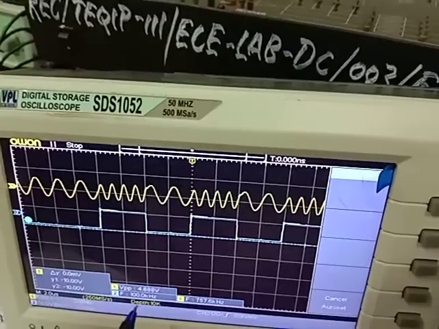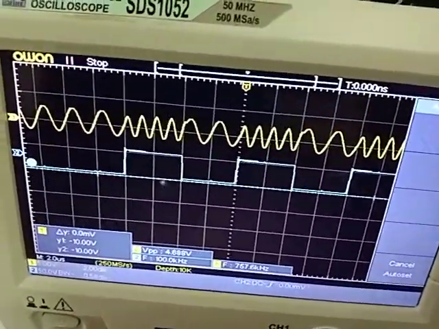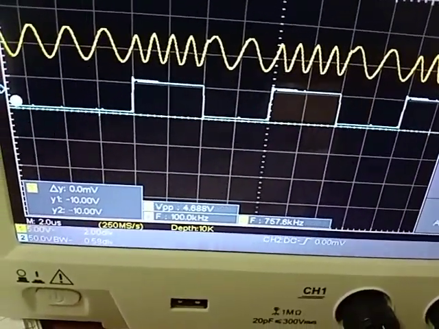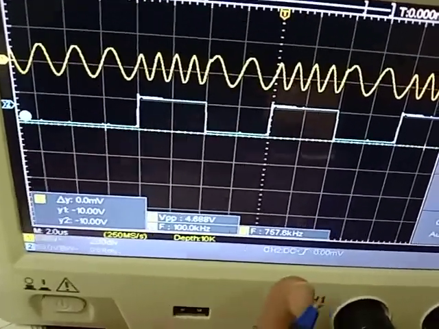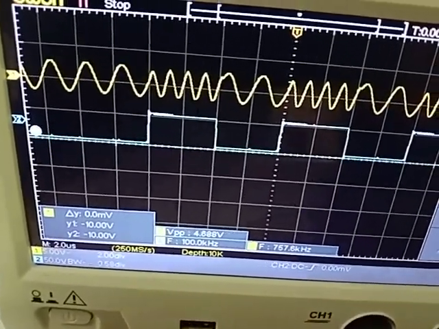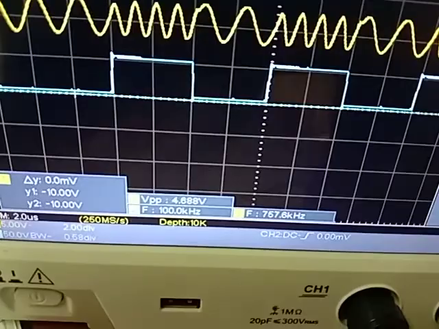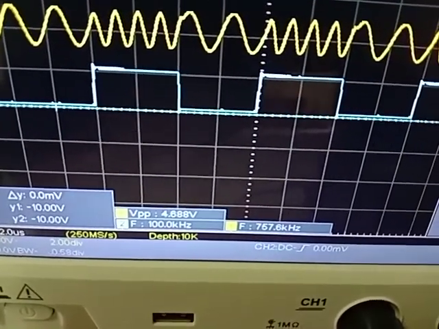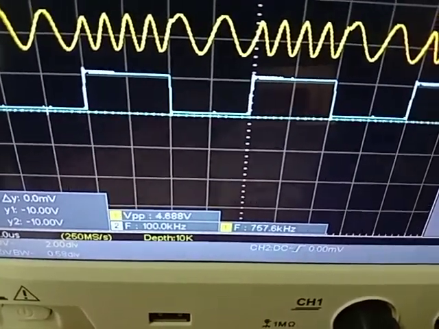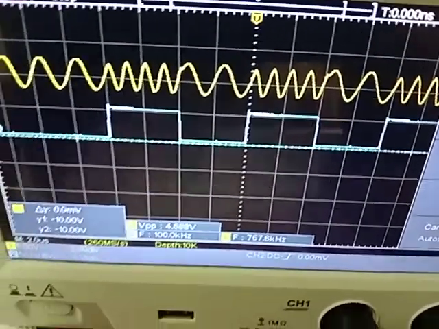And the modulated signal amplitude is 4.688 volt and the frequency is 7576 kilohertz.